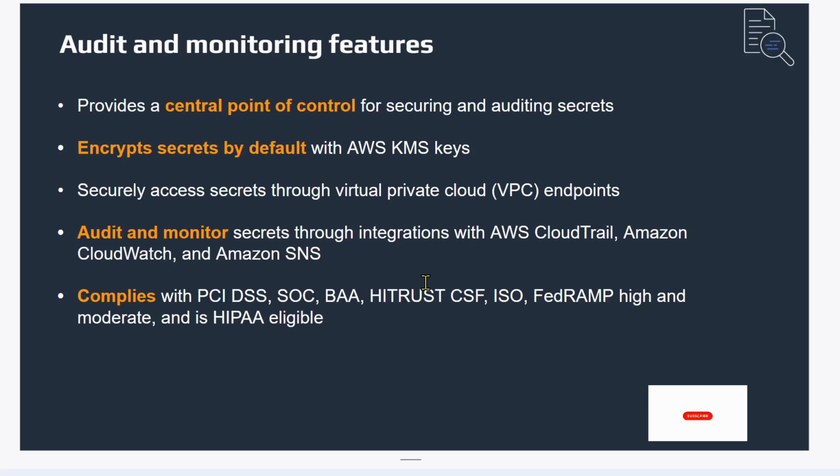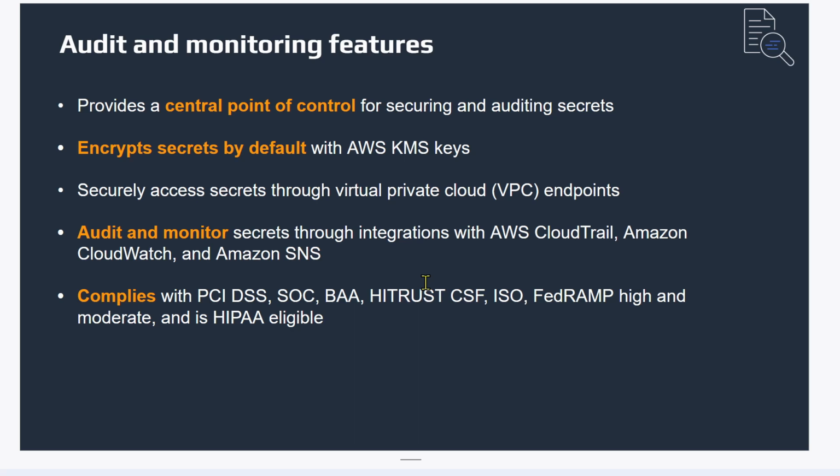Audit and monitoring, as I have already discussed, provides a central point of control. You can get all your auditing from one plane, and all the secrets are encrypted by default with a KMS key. Securely accessed through your VPC endpoints. You can use a VPC endpoint in order to access it through the Amazon backbone.